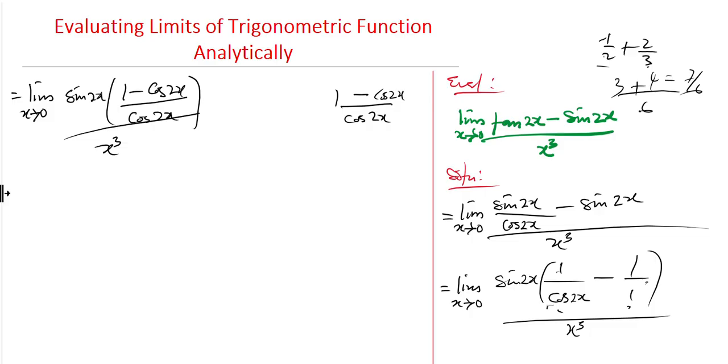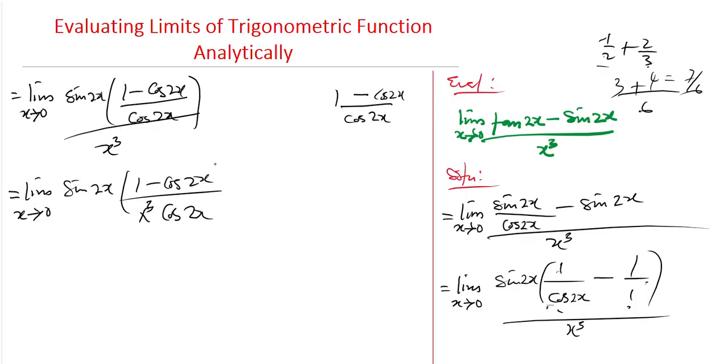If we rewrite this properly, what we are going to have is the limit as x approaches 0 of sine 2x multiply 1 minus cos 2x all over x cubed multiply cos 2x, right? So we can split this so that we can have all standard forms.